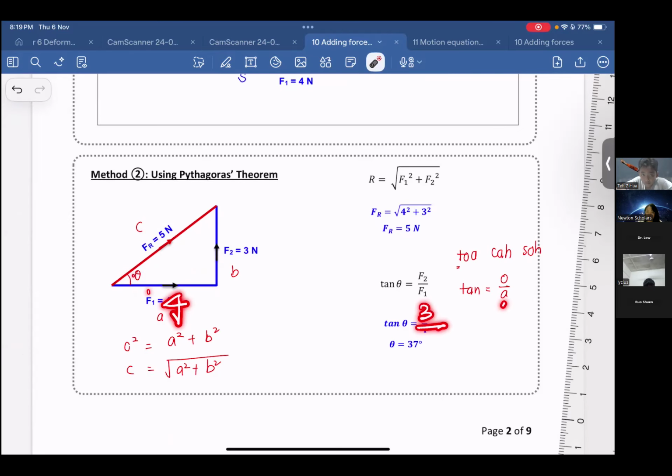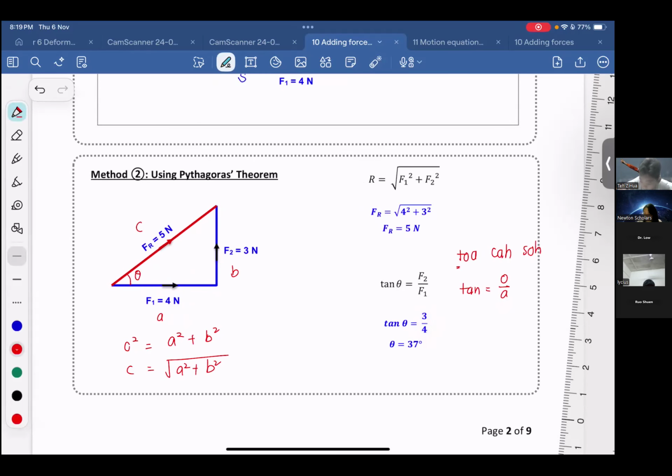Adjacent is 4, near to your angle. So 3 over 4. Do you know how to press your calculator for this? When you're finding that angle, it should be inverse tangent of 3 over 4.